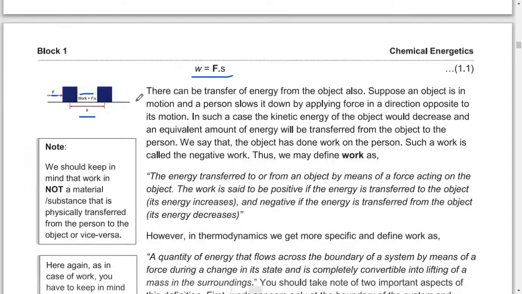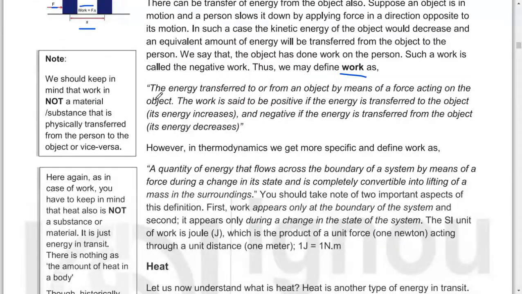Such a work is called negative work. Thus, we may define work as the energy transferred to or from an object by means of a force acting on the object. The work is said to be positive if the energy is transferred to the object, its energy increases, and negative if the energy is transferred from the object, its energy decreases.